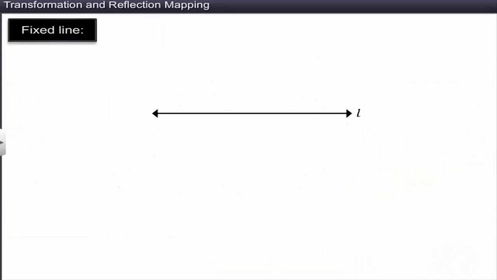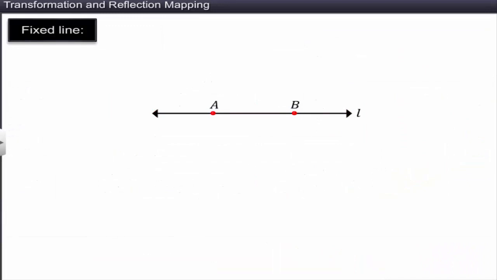Now, what do you think is the reflection of line L in itself? Yes, you are right. It is line L itself. This is because if we consider any 2 points on the line, then their reflections on line L will be the same.